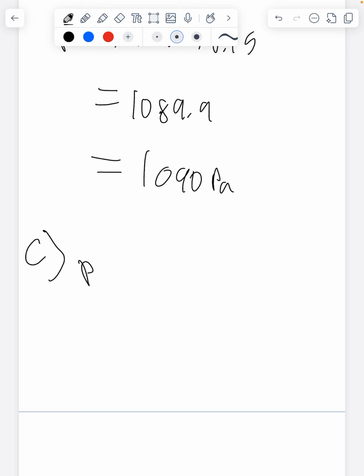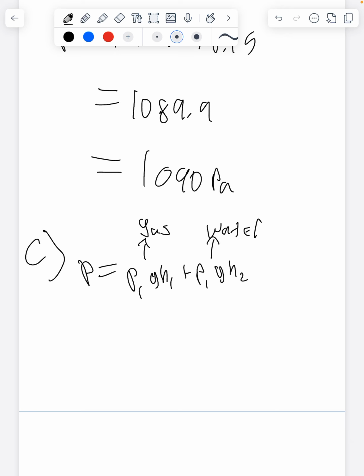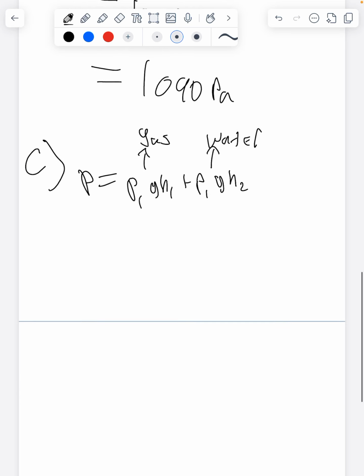So with this, we know that we have to use this equation: P equals ρ1 g h1 plus ρ2 g h2. Because this is gasoline, and this is water, that's why it's separated into two different terms.